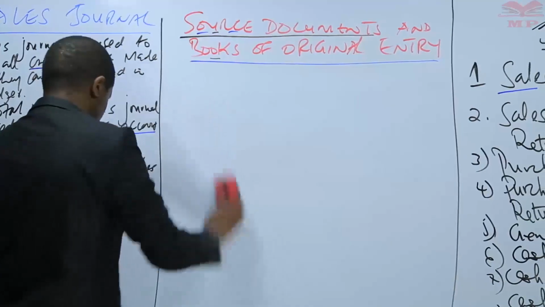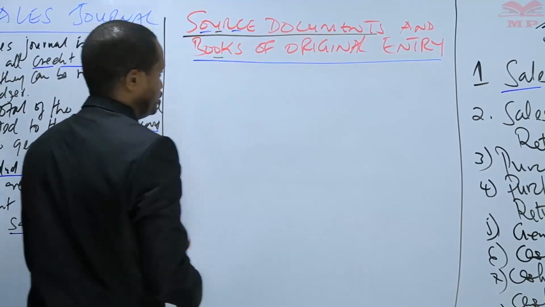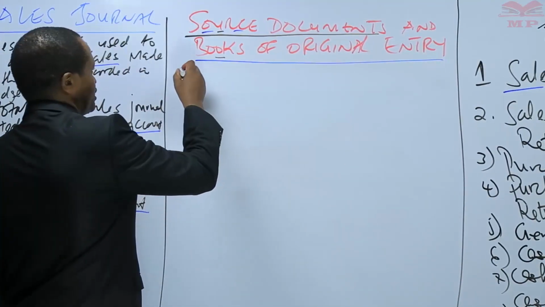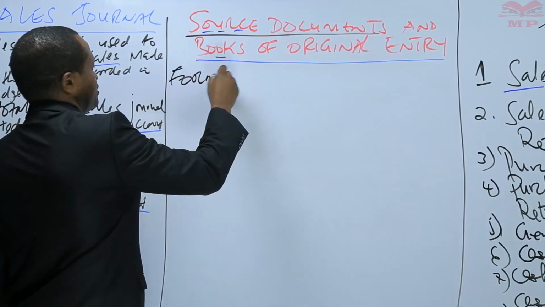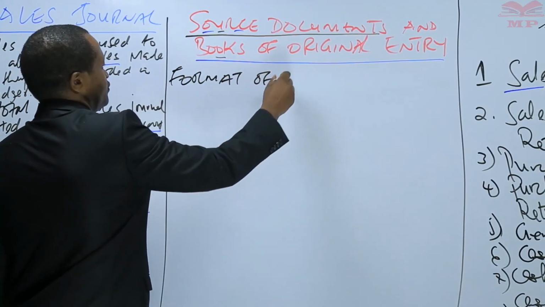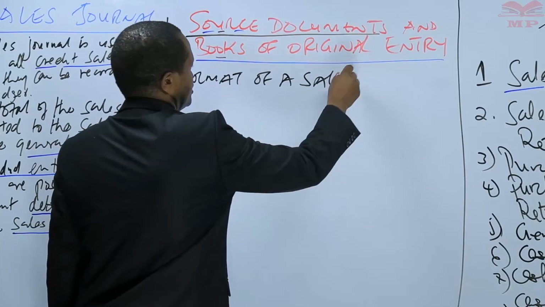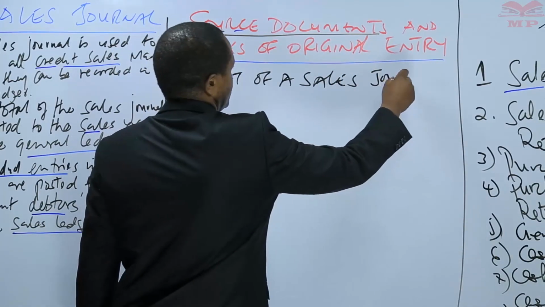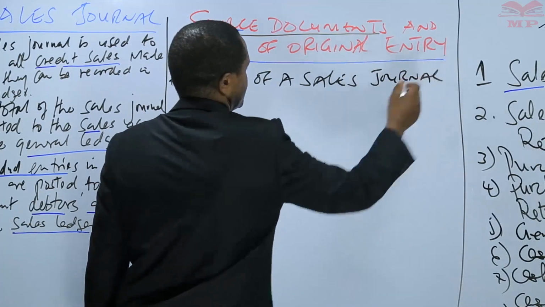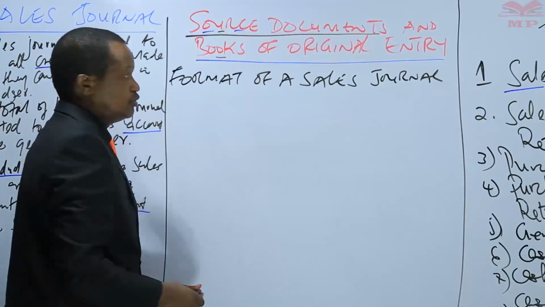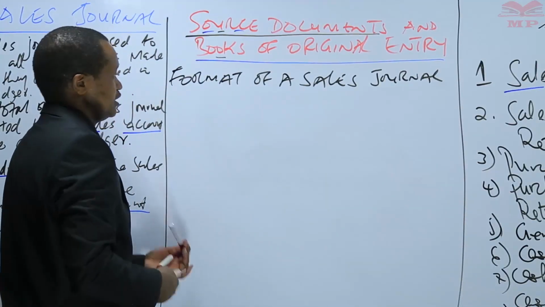Format of a sales journal. How does it look like? The format of a sales journal, which may also be referred to as sales daybook.